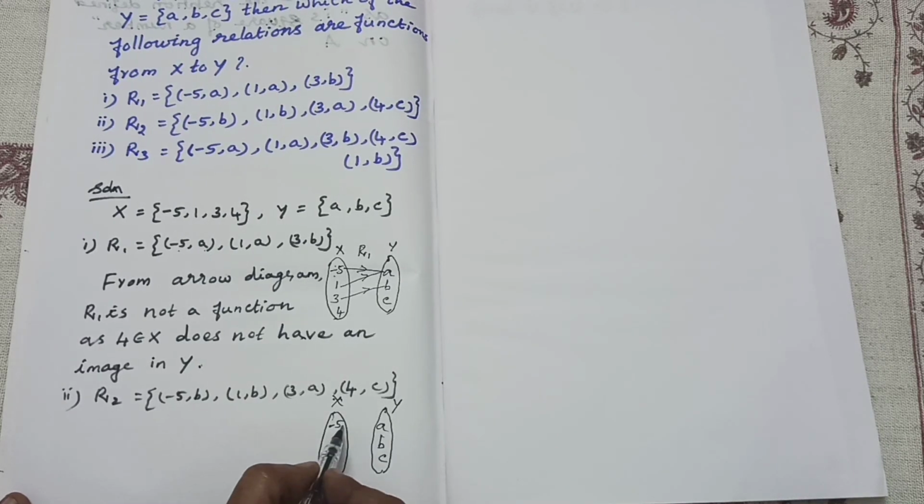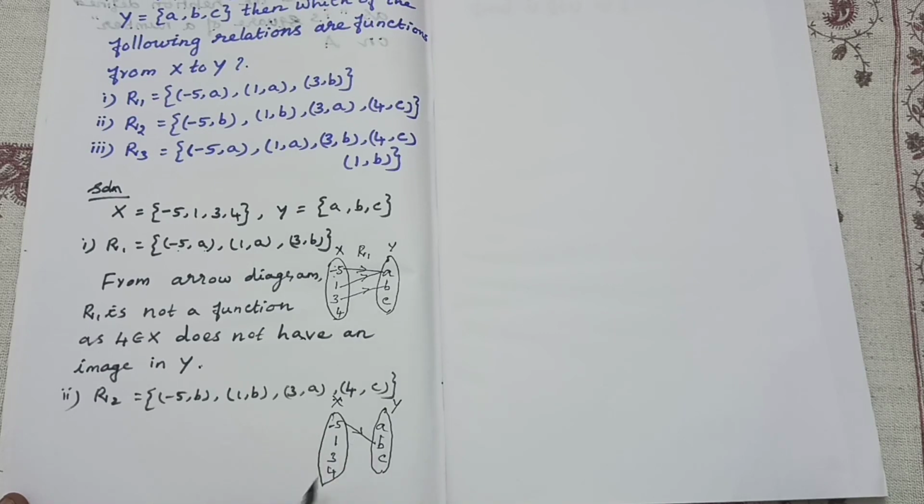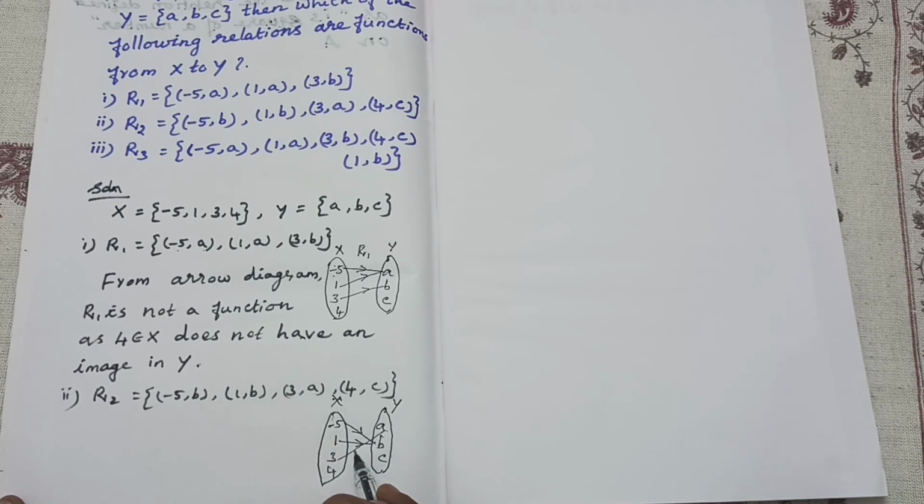Minus 5 image is B. Then 1 and B, 1 and B. Then 3 and A, mapping 3 and A. 4 and C.